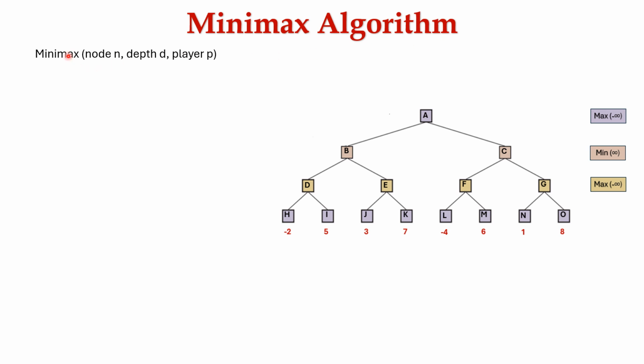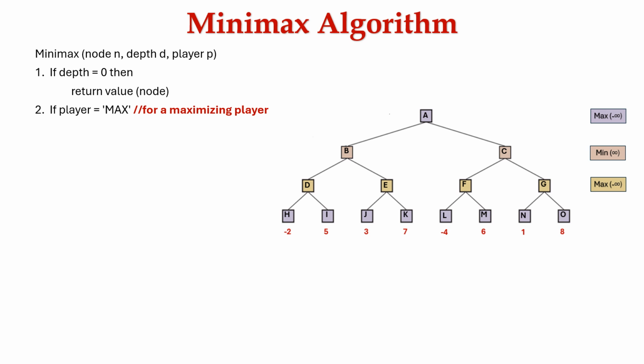Here the function name is Minimax and it holds parameters namely node, depth, and player. If depth is equal to 0, the function returns the value of the node. Next, if the current player is max, that is the maximizing player, it starts by initializing the alpha value to a minimum number, minus infinity. Then it iterates through each child node of the current state.